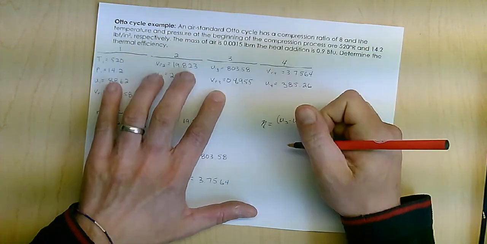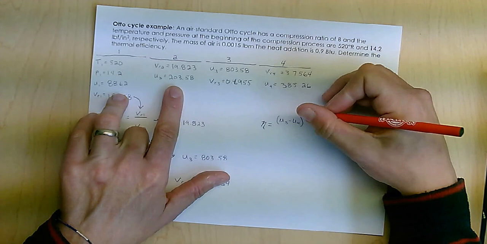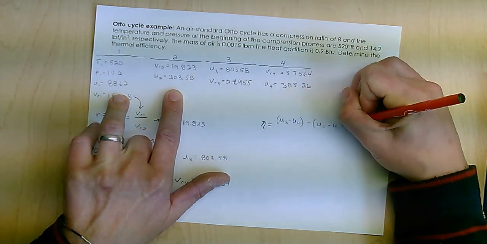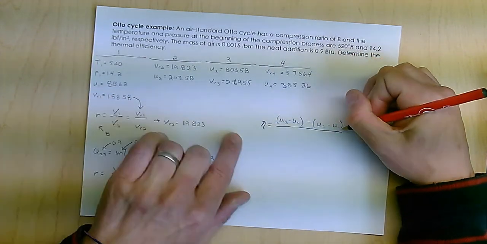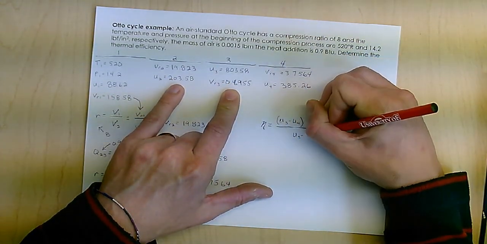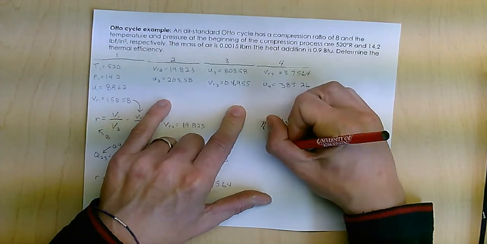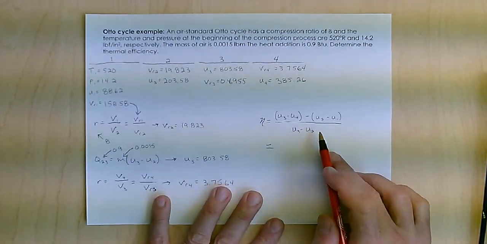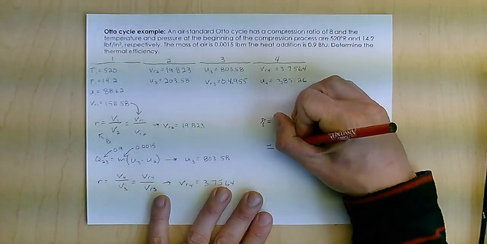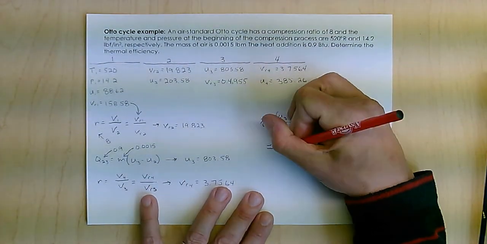My compression is U2 minus U1, and then my Q in is U3 minus U2. Plugging in all of those U values, I can then calculate my efficiency equal to 50.6%.